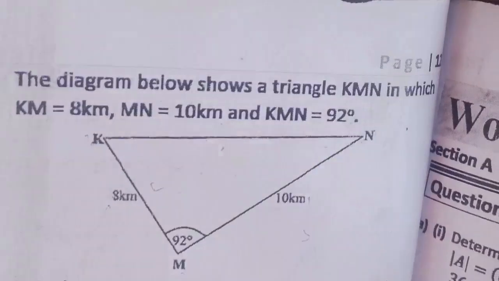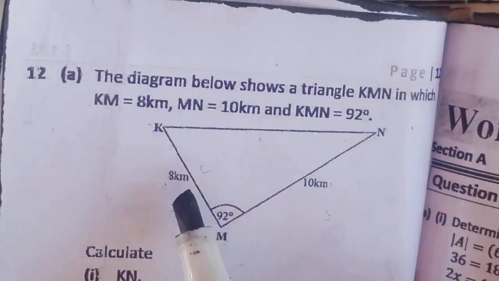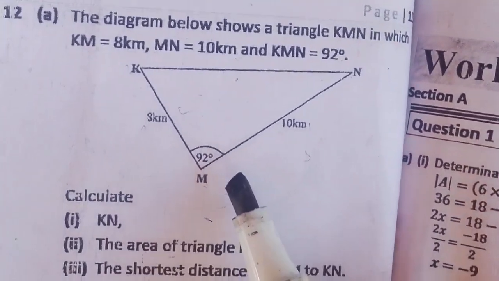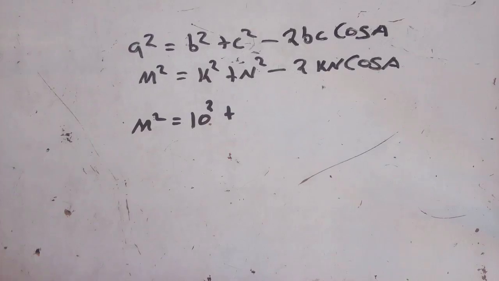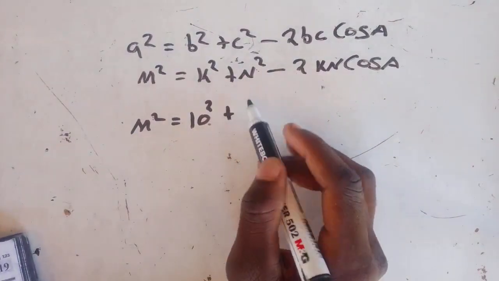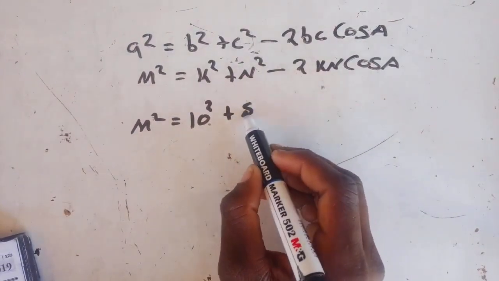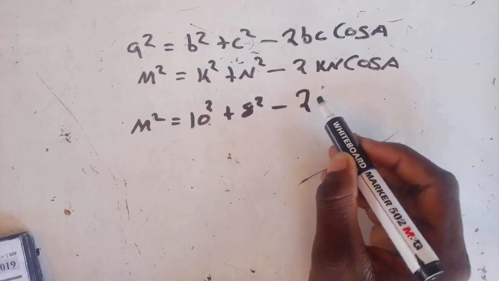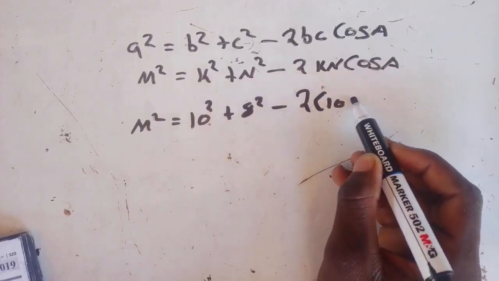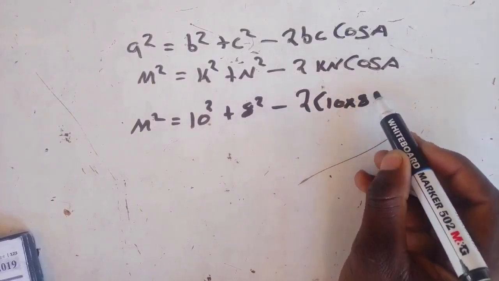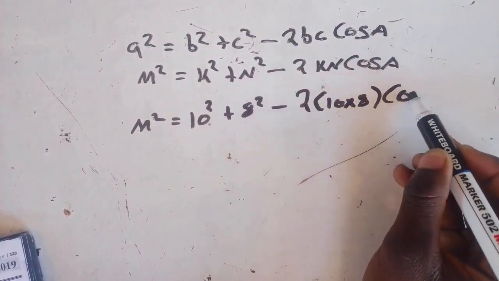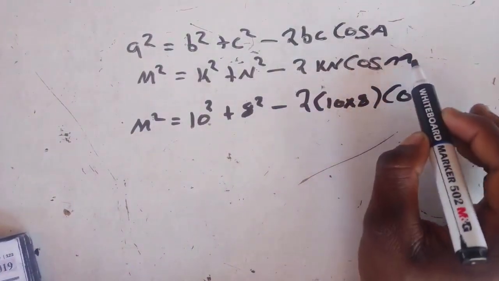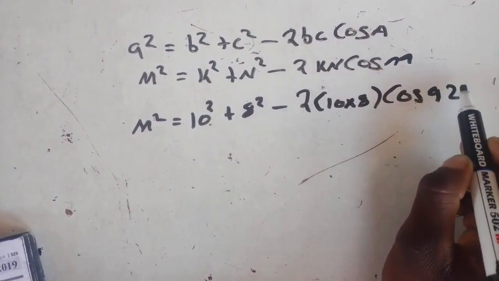Our N is 8, our K is 10, and the angle is 92 degrees. So N is 8 squared minus 2 multiplied by 10 multiplied by 8 cos M. We know that the angle is 92 degrees because that's the angle given.